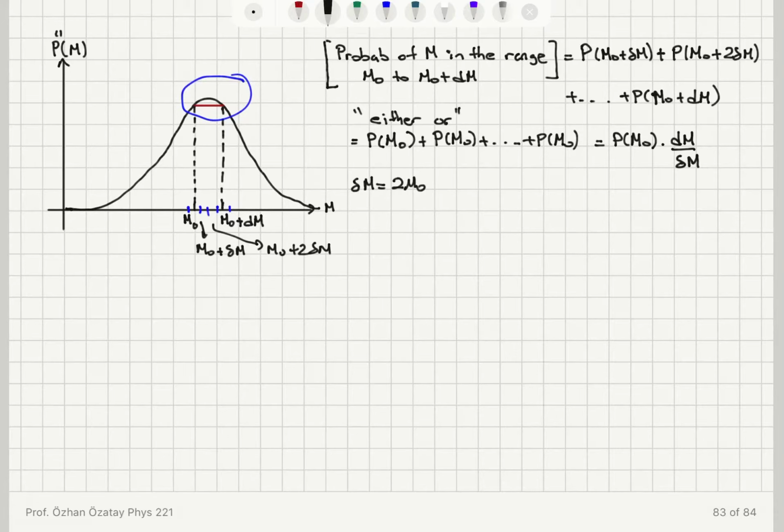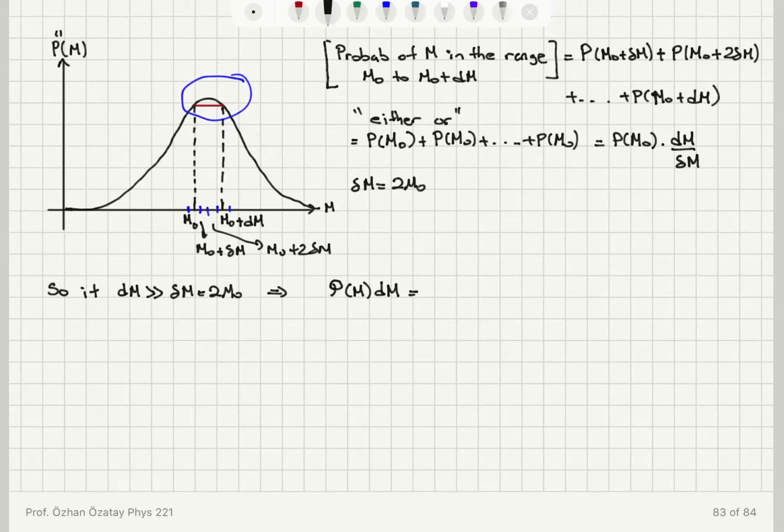So we add the probabilities, and with the approximation that the probability distribution does not vary much, I just take the initial value and multiply it with the number of possible values. I get my answer. So if I have dm much greater than delta m, which is 2 mu 0, then basically I want my answer to be this probability distribution function times dm.